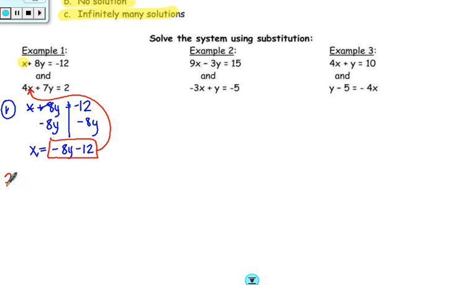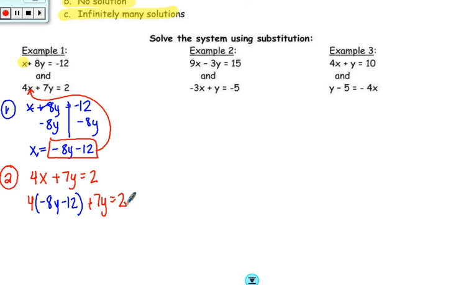So for step 2, take that equation 4x plus 7y equals 2, and where x is, put in our answer from step 1. So 4 times negative 8y minus 12, plus 7y equals 2. So you're making that substitution for step 2.